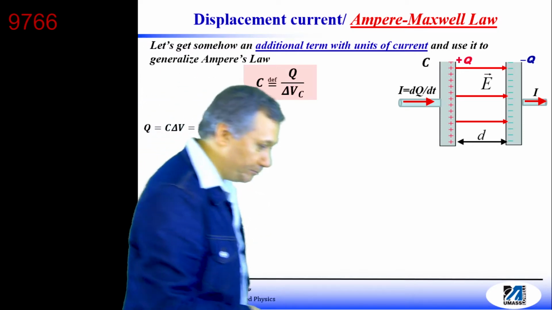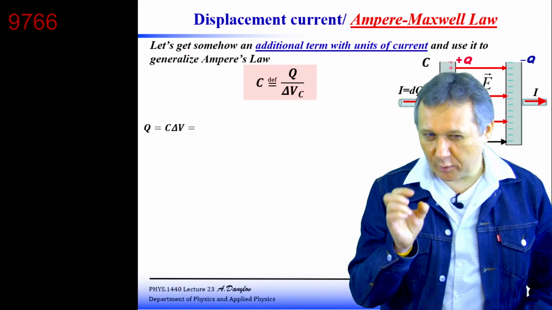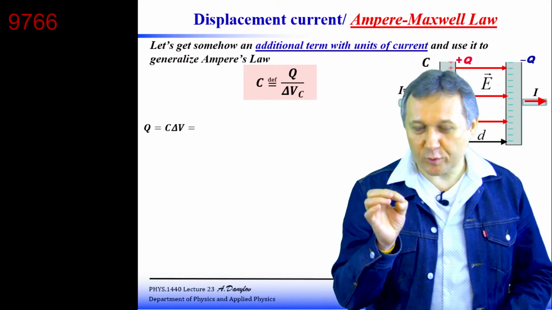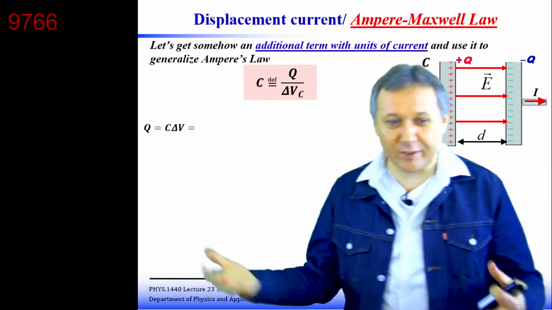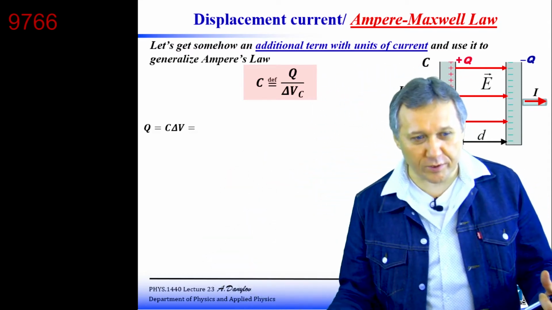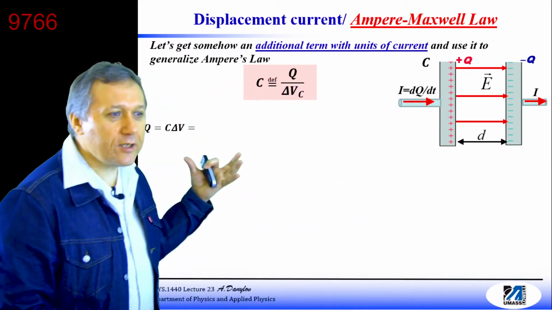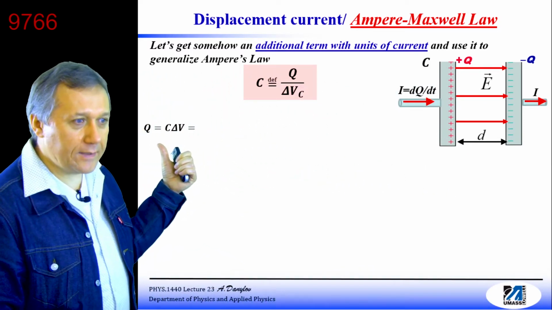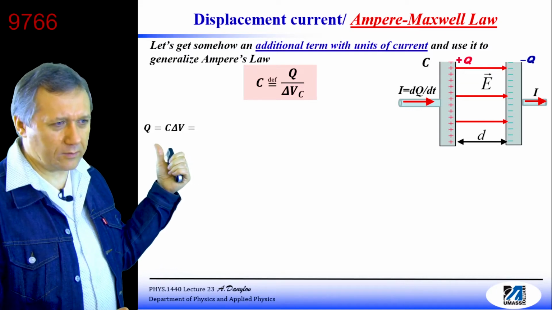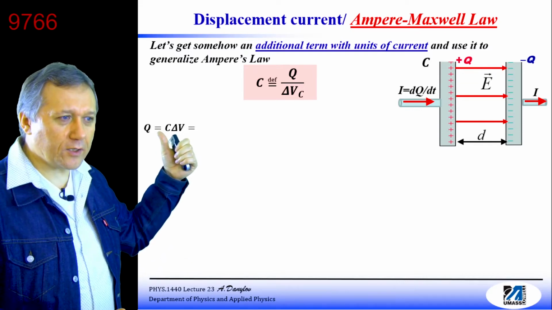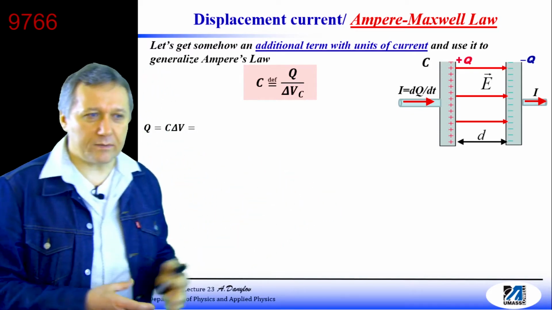Okay, then next, what are we trying to fix? We're trying to fix the fundamental law. And you remember I told you a few classes ago that fundamental equations, fundamental laws, must be written in terms of fundamental quantities. And capacitance, yeah, it's a ridiculously useful idea, but it's not a fundamental quantity. No, not at all. It's better to get rid of C and write it in terms of something else.